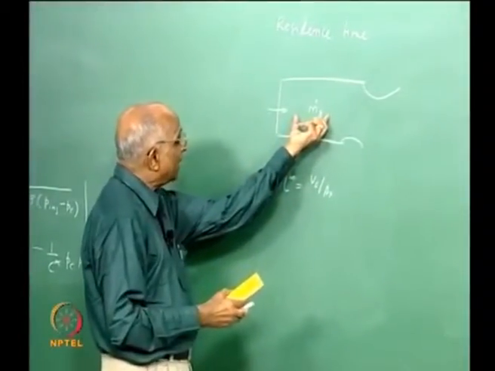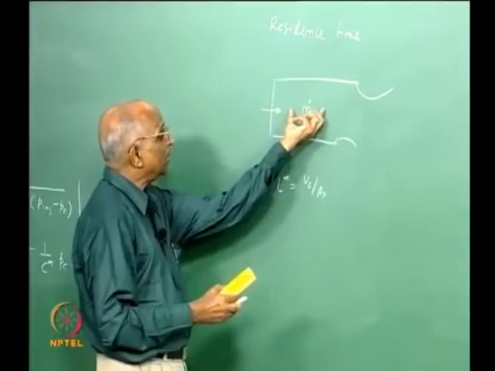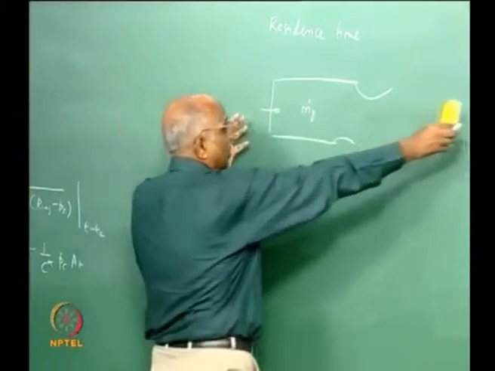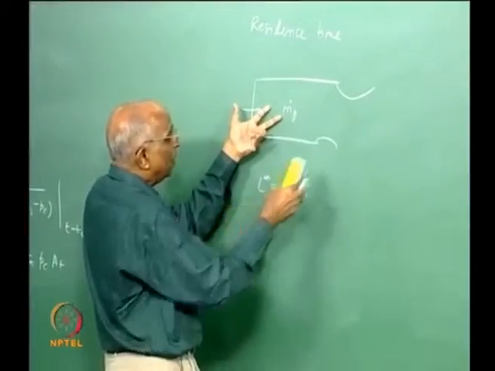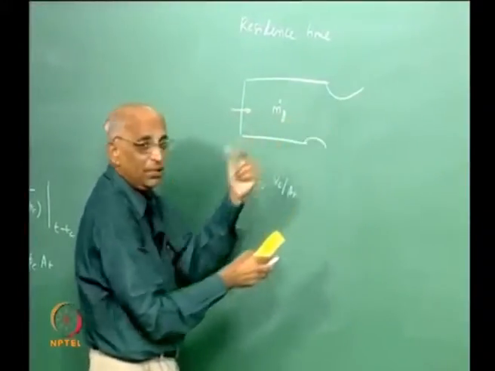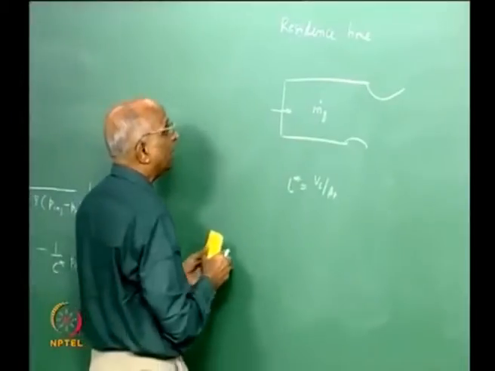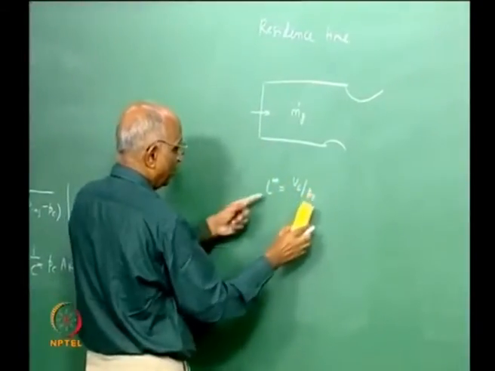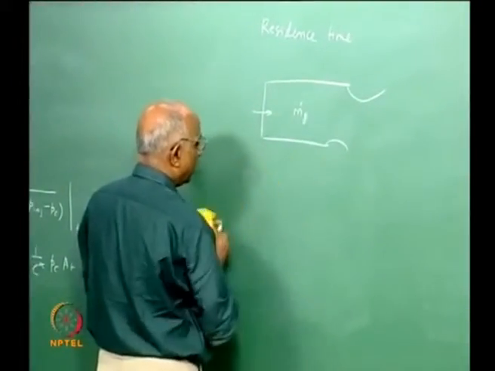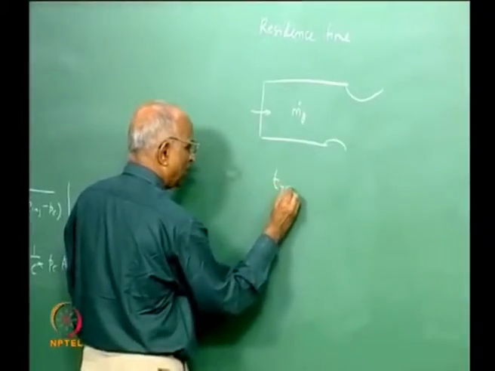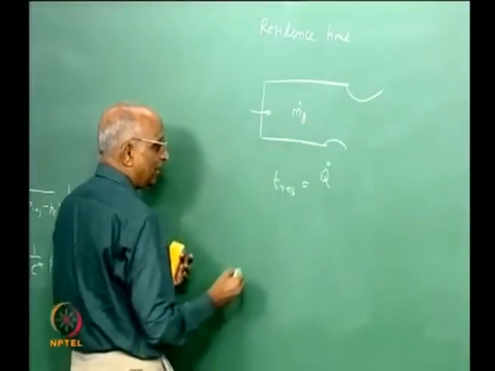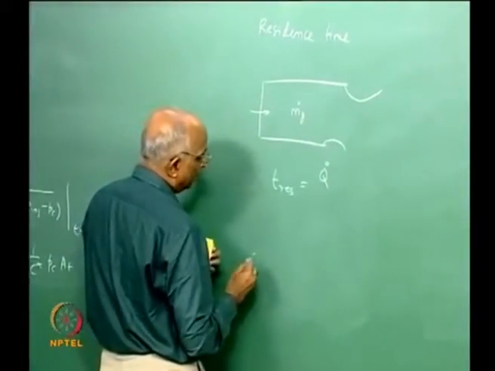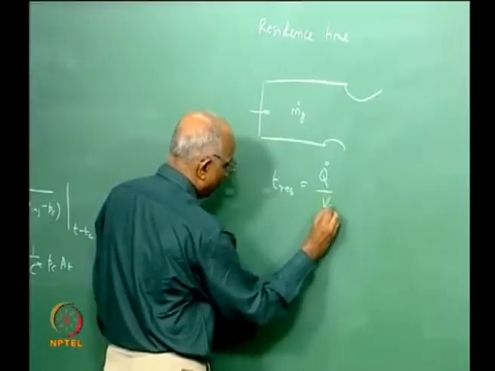Now, can I compare the time delay with respect to some other time here? Because if I have a very large chamber, maybe my time delay, which is still the same value, I can still accommodate it and it may not give me that problem. Therefore, I define something known as residence time, which is the time which the propellant stays in the chamber. And how do I define residence time? Maybe the rate at which gases are generated in the chamber divided by volume of chamber.